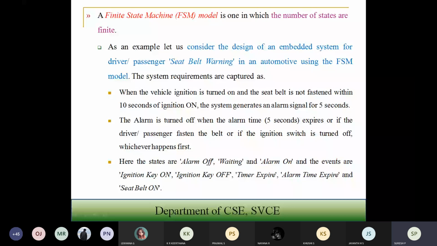What are the basic requirements you are going to have? The seatbelt warning system is an automotive embedded application, which will be used for the finite state machine model. So what are the system requirements you should have?